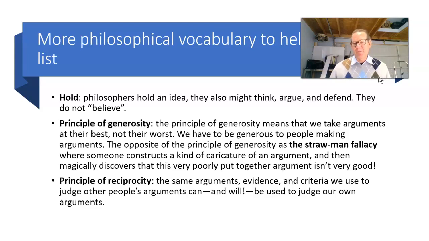The opposite of the principle of generosity is frequently called the straw man fallacy, where someone constructs a kind of caricature of an argument, and then because they put it together in such a bad way, they then magically discover that this is a bad argument and we can chuck it out, right? But that's everything we're not going to do, right?